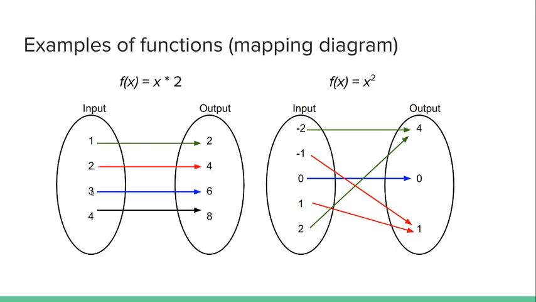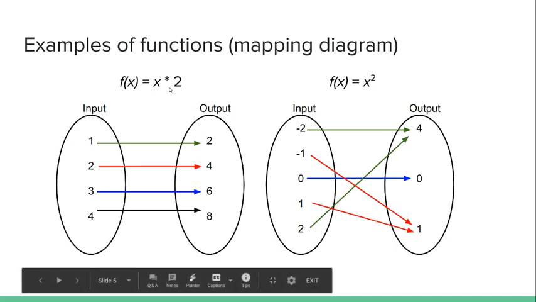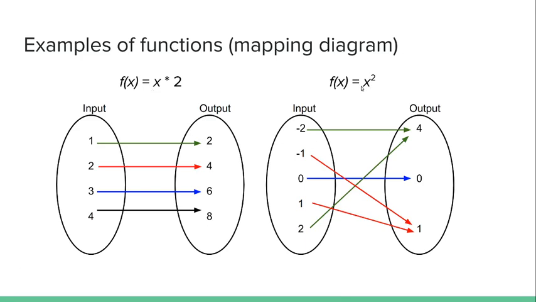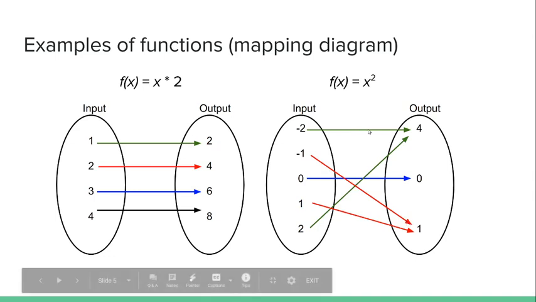So for any input that we provide to this relation, we get a single output every time, and that makes this relation a function. On the right-hand side, we have f of x equals x squared. And similarly, any number we plug in here, if we have 0, 0 squared is always 0. -1 squared is always 1. 1 squared is always 1.